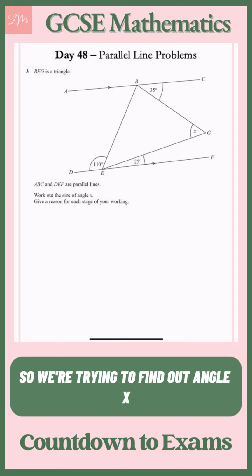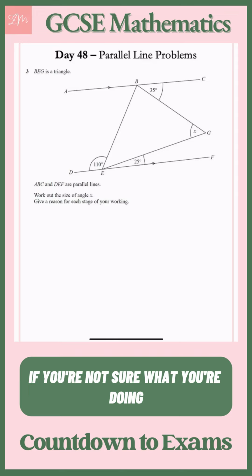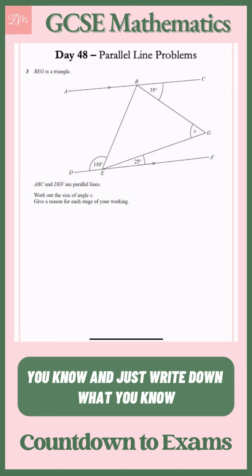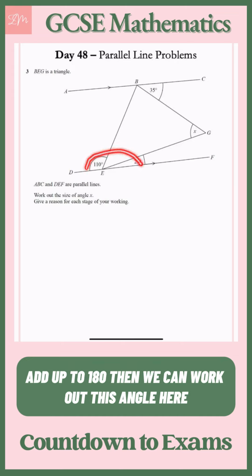So we're trying to find out angle X. Now in these questions, again, if you're not sure what you're doing or you can't see how you'd get angle X, all I want you to do is to take any angles that you know and just write down what you know. If we know that angles on a straight line add up to 180, then we can work out this angle here.